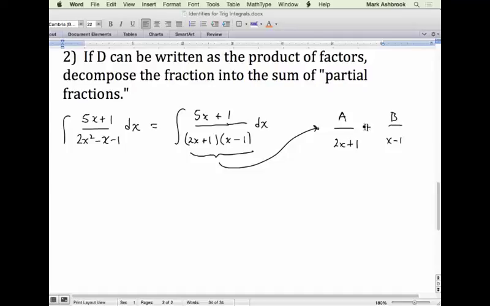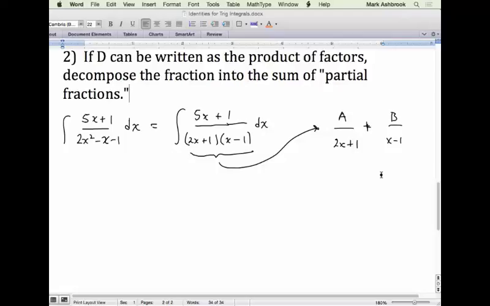So you know how you add fractions, right? You get a common denominator. This is like adding fractions, but we're going backwards. It's like unadding them: what are all the possible original denominators you could have had such that this was your common denominator?